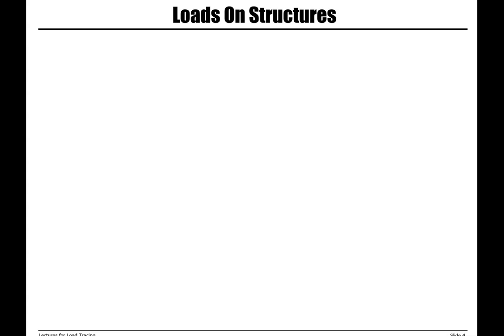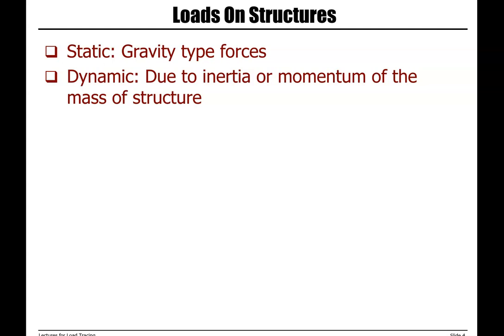Okay, so that was the definition of force and action and reaction. Now we want to look at different types of loads applied to a structure. So we have static loads and dynamic loads.